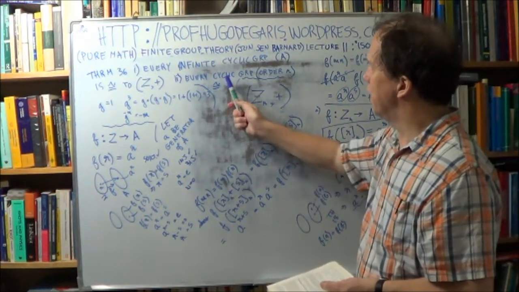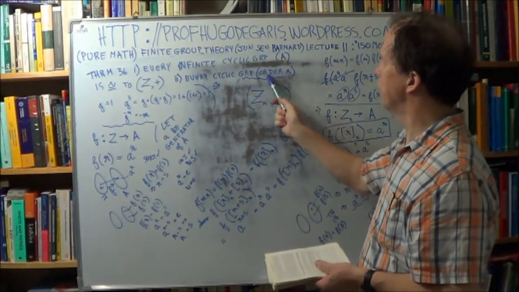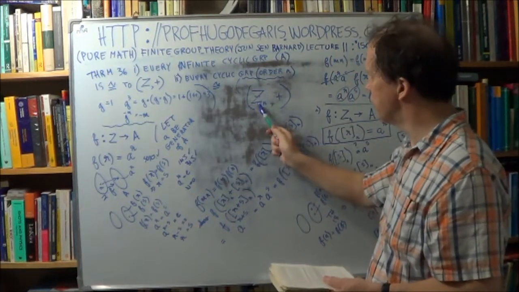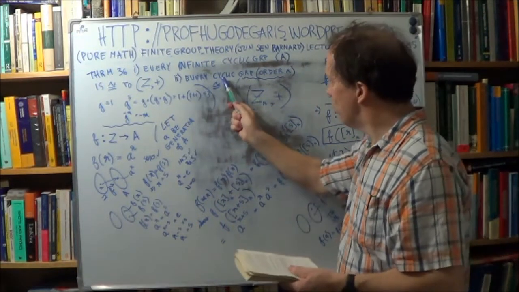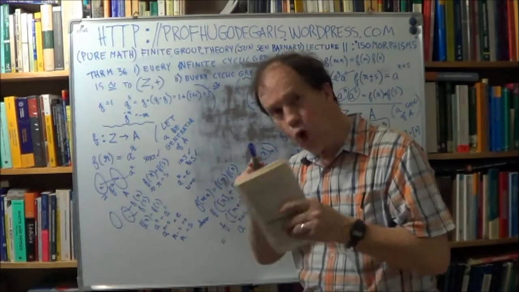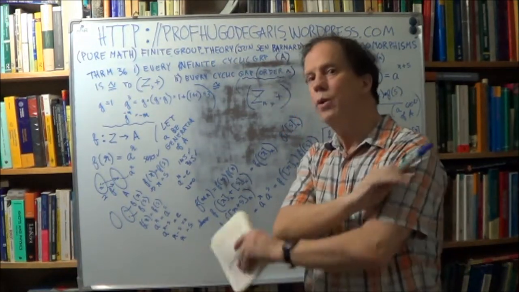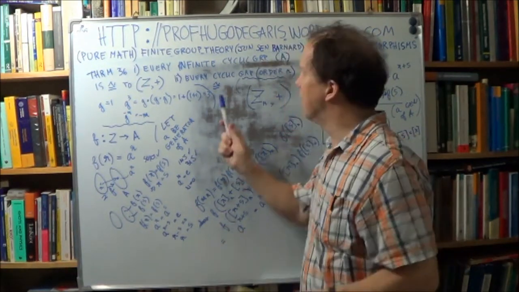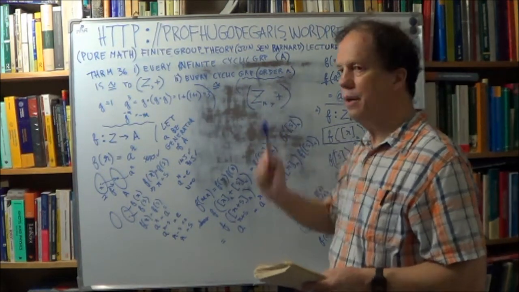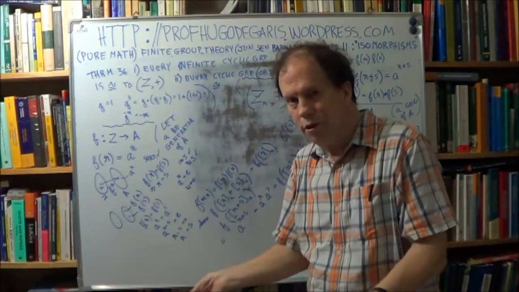So all cyclic groups of this order n, they're all isomorphic to this one. If they're all isomorphic to this one, therefore all these cyclic groups are, and here's the punchline, all isomorphic to each other. Okay? So, in other words, any cyclic group of order n, they're all the same group.